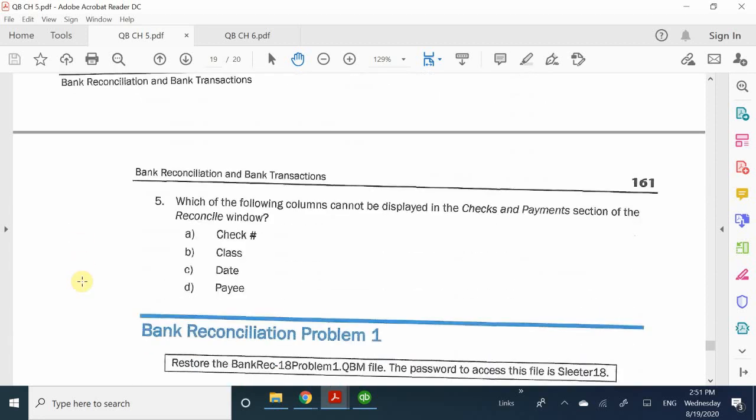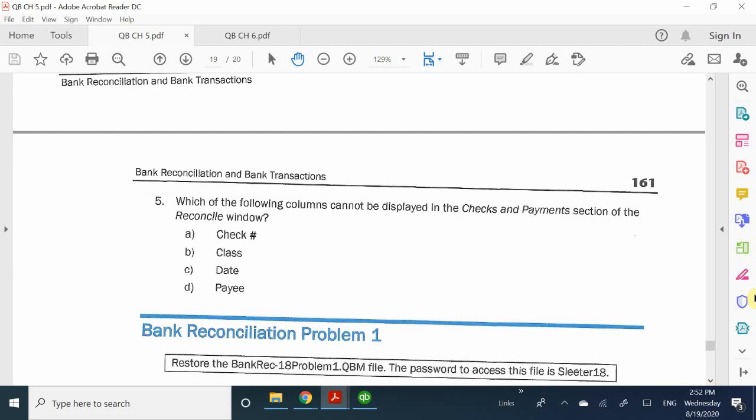All right. Our last question here is number 5. Which of the following columns cannot be displayed in the checks and payment section of the reconciliation? Yes, the payee you do get to see. You have the date, the check number, and the amounts.